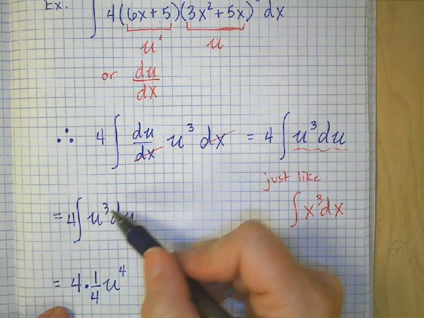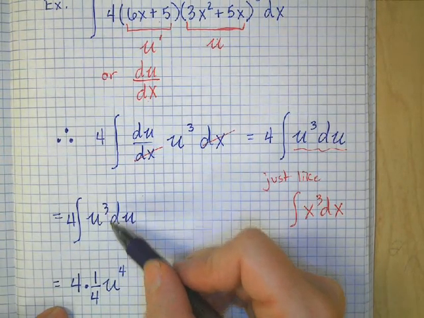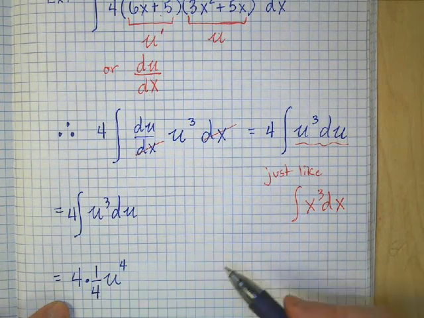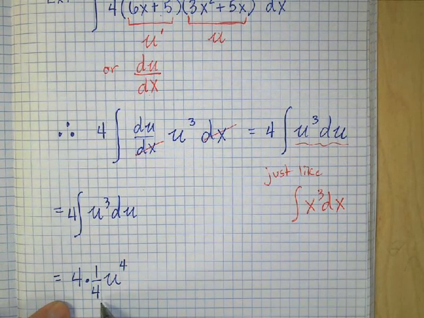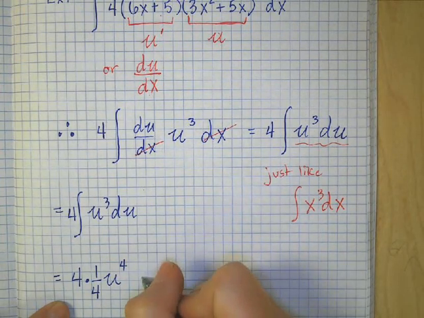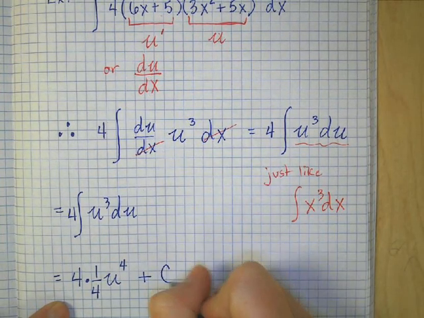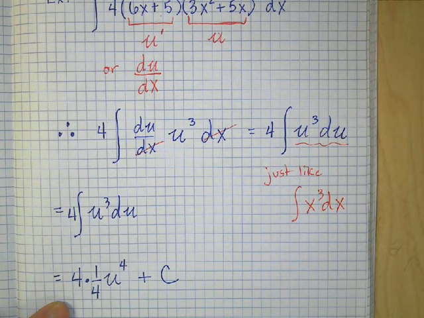Okay, so I added 1 to the exponent, and then I multiply by 1 over that exponent. And the du disappears at this point when I've taken the antiderivative, but since it's an indefinite integral, don't forget we have to do the plus c. Got to add our constant of integration.